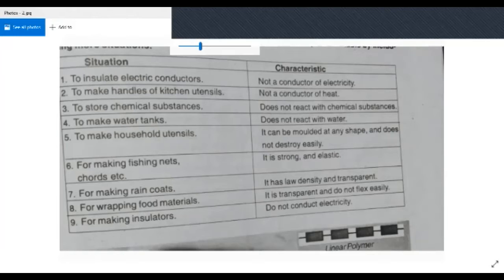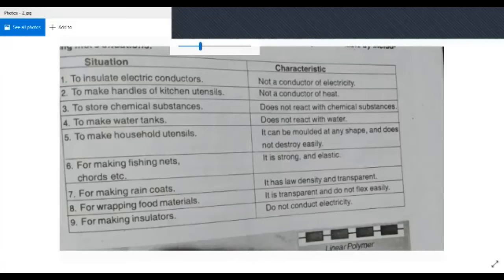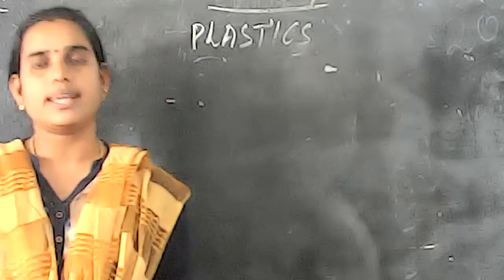For making fishing nets, cords, etc., because of its strong and elastic property. Then for making raincoats, because it has low density and is transparent. Next, for wrapping food materials, because it is very transparent and does not flux easily. And the last situation, for making insulators, because it does not conduct electricity. So these are all the situations in which we use plastic material based on their characteristics.